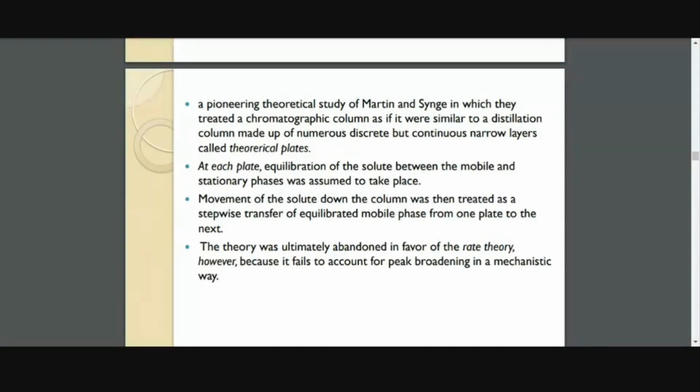The theory was ultimately abandoned in favor of the rate theory, meaning the random walk theory we saw before this. This plate theory was abandoned and rate theory was accepted because plate theory fails to account for peak broadening in a mechanistic way.